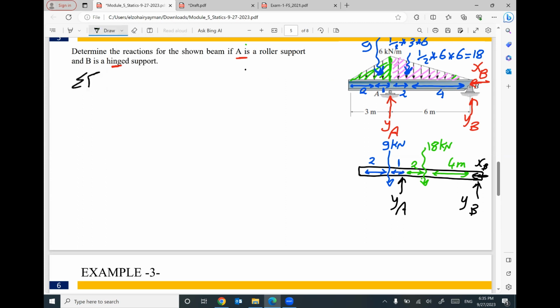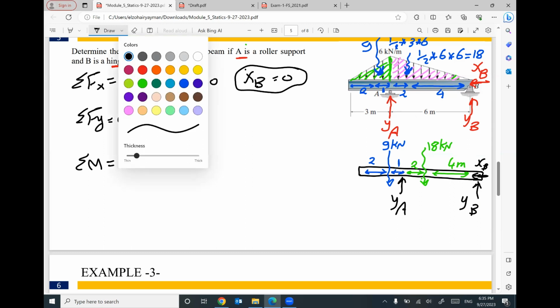Summation F of x equals 0, summation F of y equals 0, summation moment at any point equals 0. What forces do you have in x direction? Nothing, so XB equals 0, so the reaction XB will be 0.